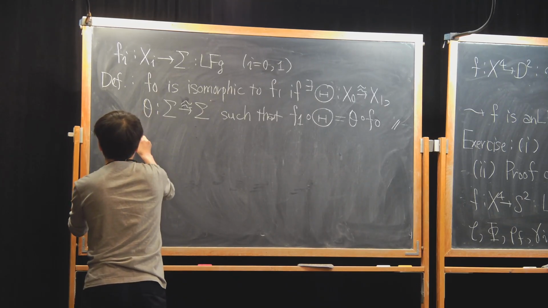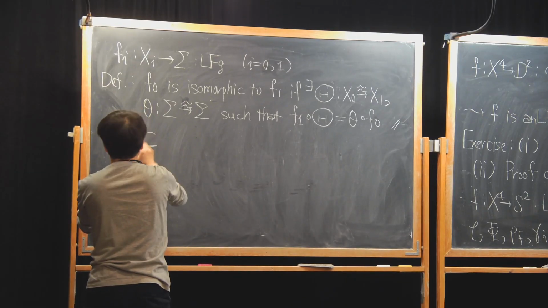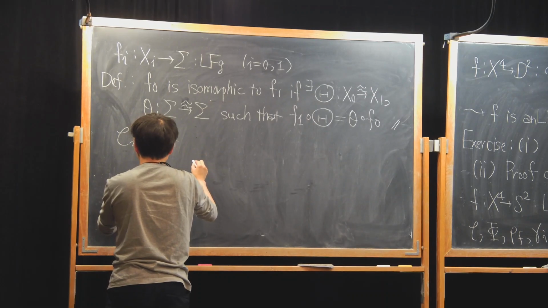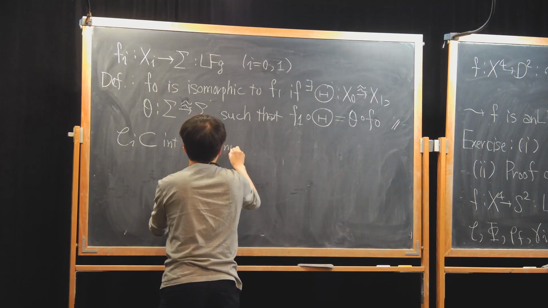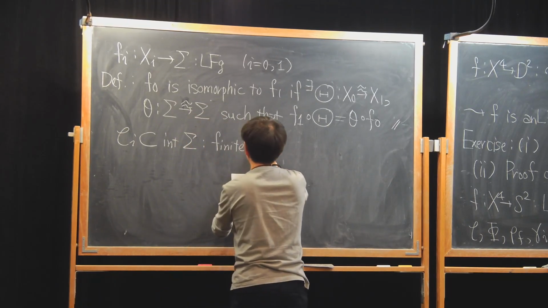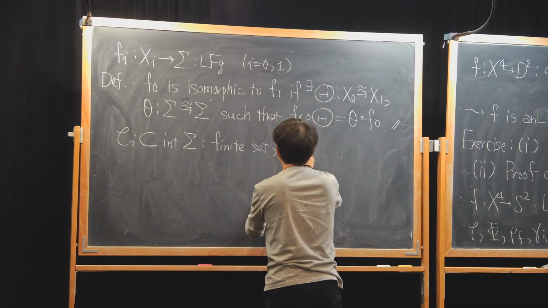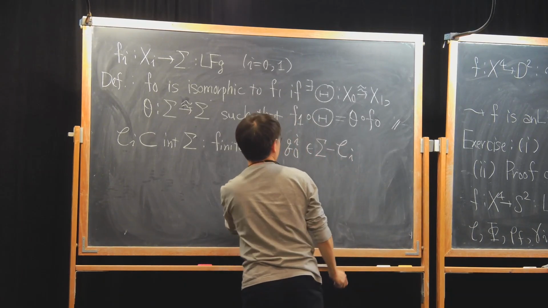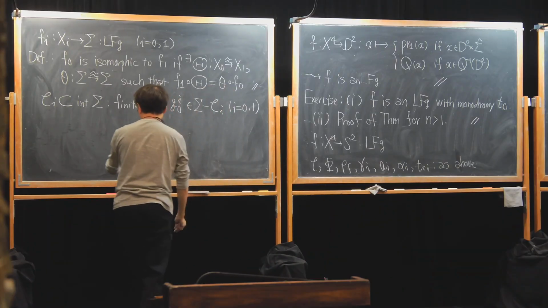Next, let C_i be a subset of the interior of Sigma. So this is a finite subset. And take a point q_0i in this surface. Here also i is 0 or 1.